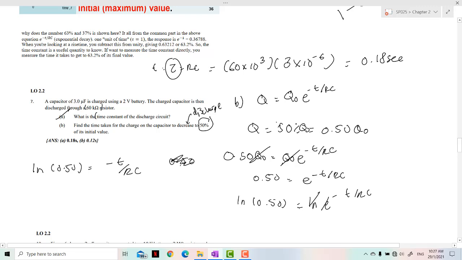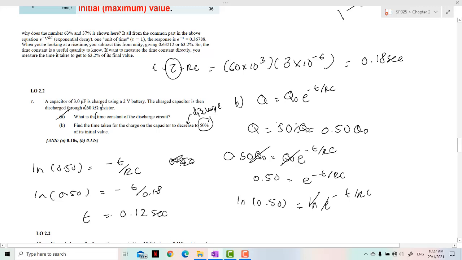Again, your RC was calculated above, which is 0.18. So ln 0.50 equals negative t over 0.18. Since ln of a number below 1 is negative, the negatives cancel and you get a time of 0.12 second. So what does it mean, t equals 0.12 second?